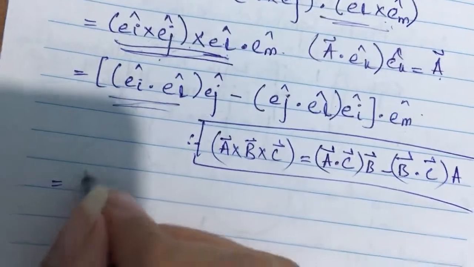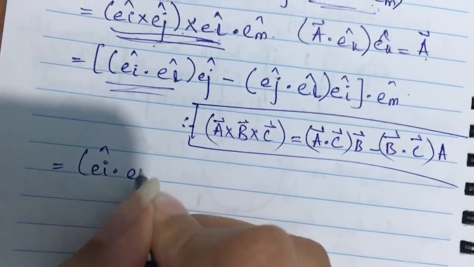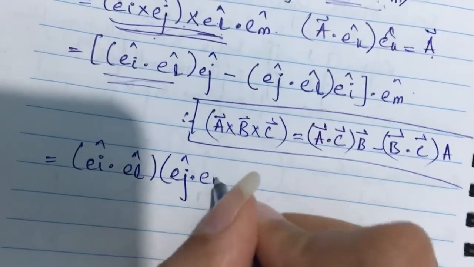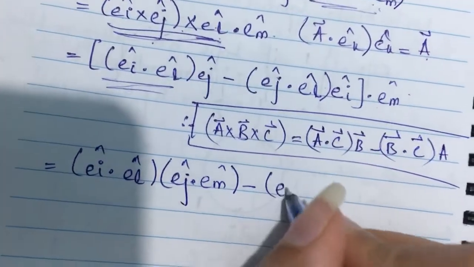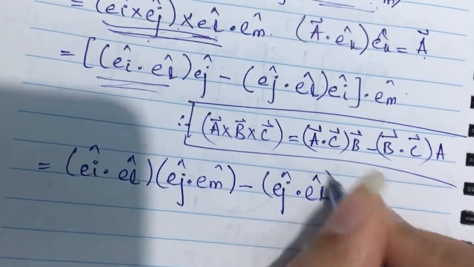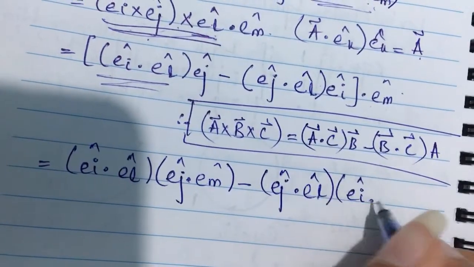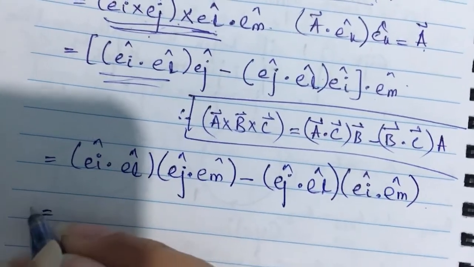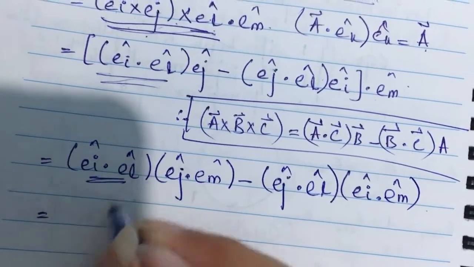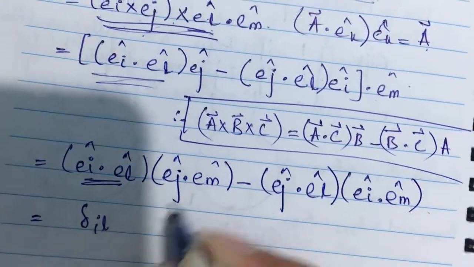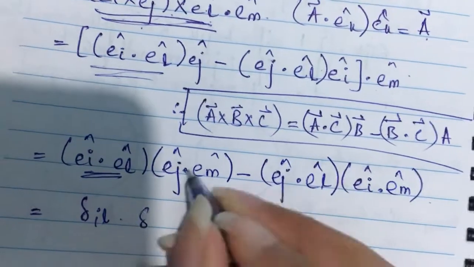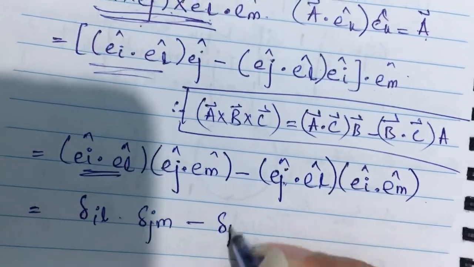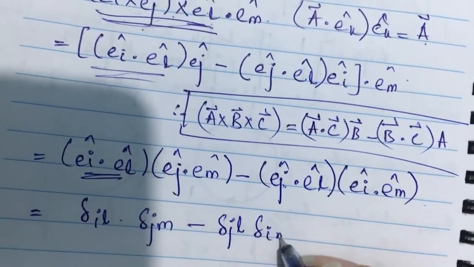So this term remains the same, that is (e_i dot e_l) into (e_j dot e_m) minus (e_j dot e_l) and (e_i dot e_m). So this is the result here, and as we know this thing is equal to δ_il and this thing is equal to δ_jm minus δ_jl and δ_im.